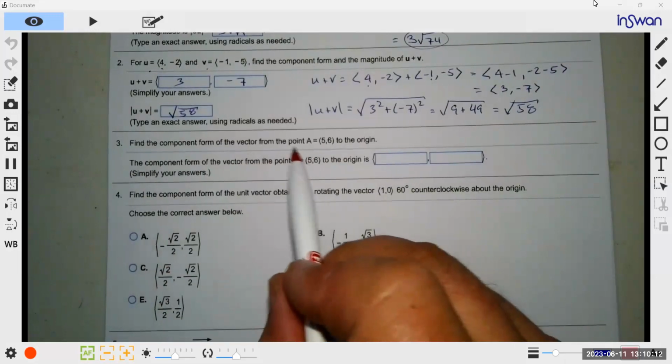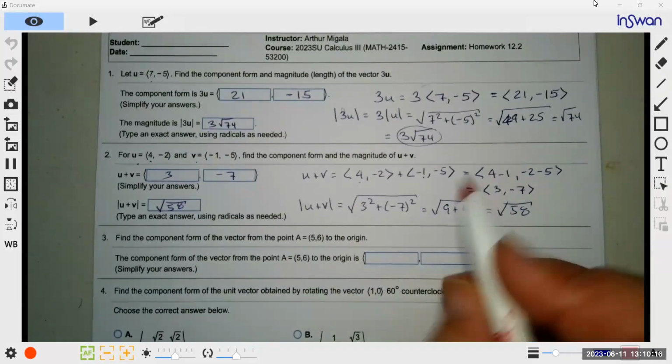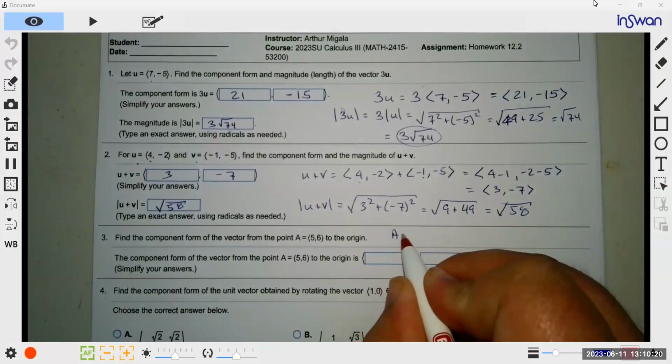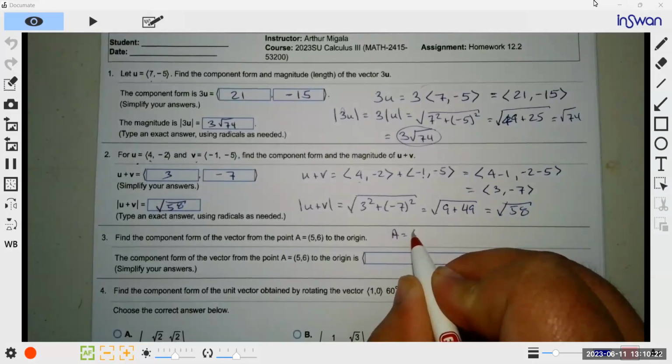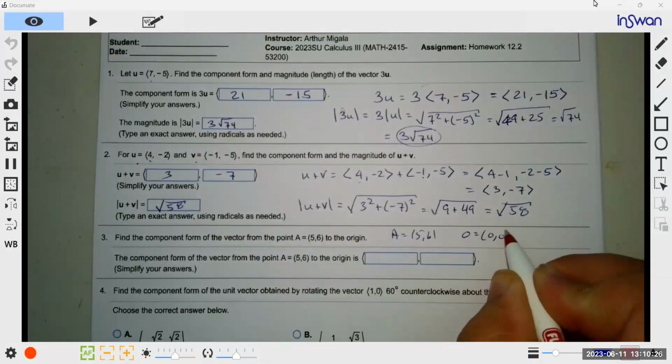Find the component form of the vector from point A to the origin. So A is at 5, 6, and the origin is at 0, 0.